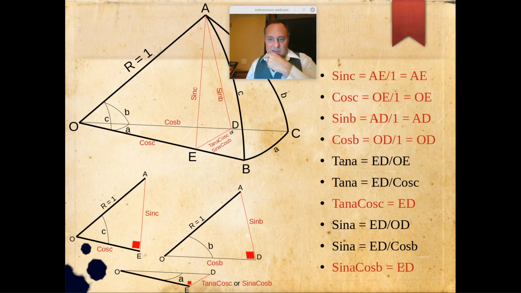And I'm going to show you here. We're going to find the tangent of A. Okay, that's A right here. And that's the sine over the cosine, or the opposite over the base.